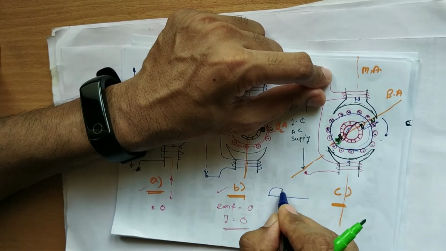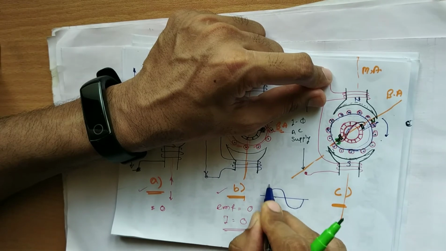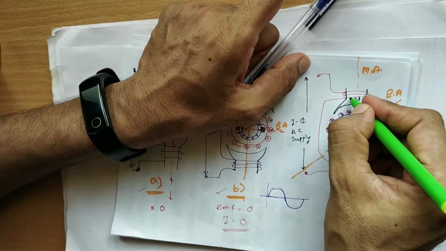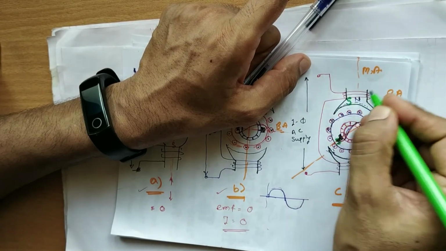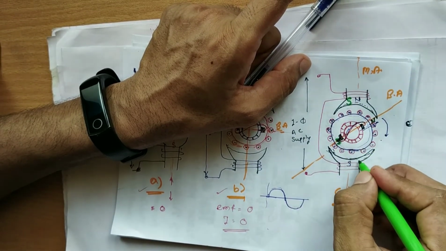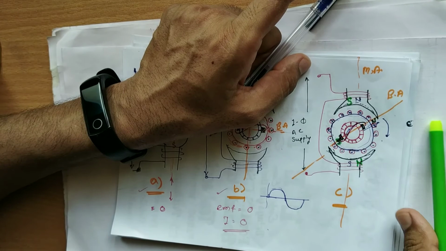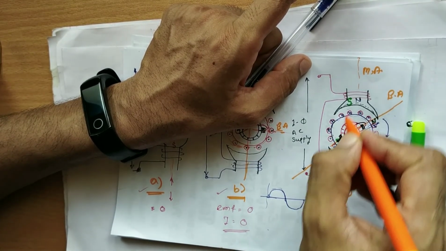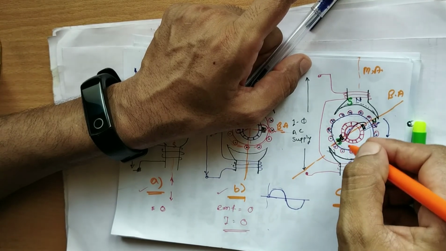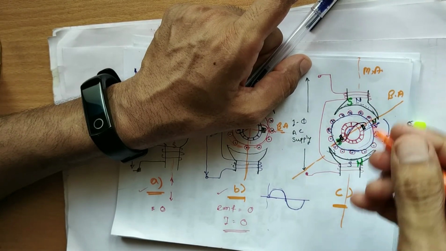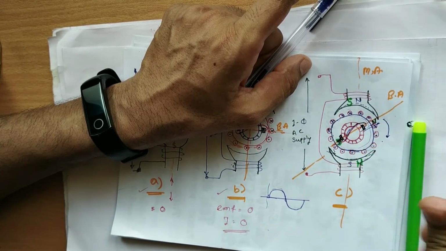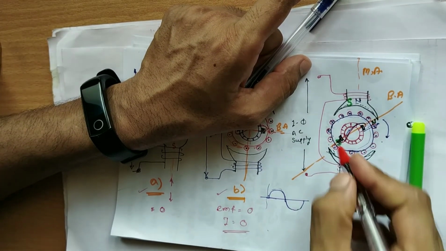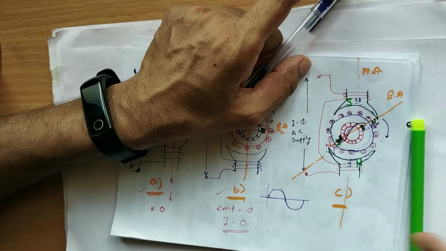Now after completing half cycle, there is an AC cycle like this. After completing half cycle, this north will become south and this south will become north. That time the dot will be cross and the cross will be dot, and the magnetic field changes again.